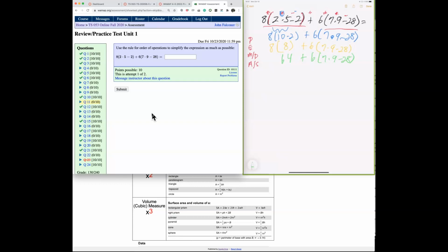So now we're going to evaluate. Let's do black. 63 minus 28. 60 minus 20 is 40. 43 minus 8 is how much? 35. Is that right? 35. Keep those parentheses for now. Times 6 plus 8 times 8.